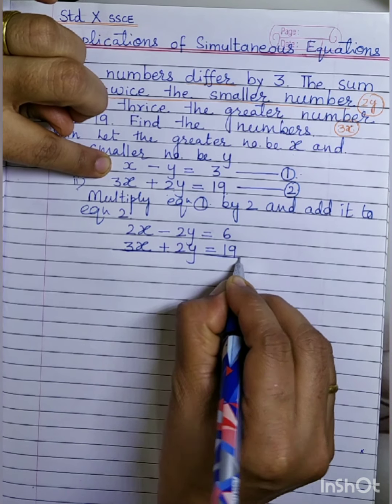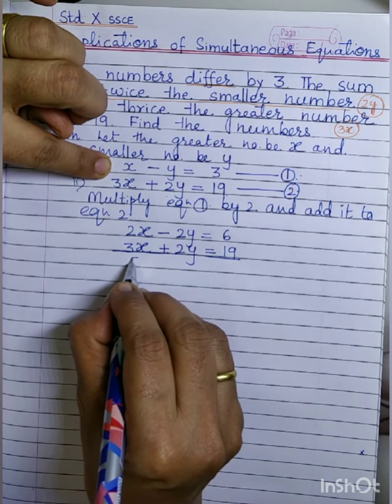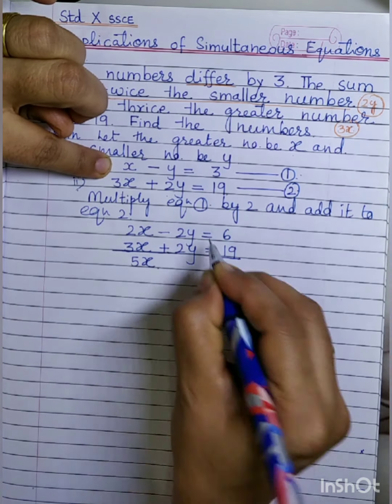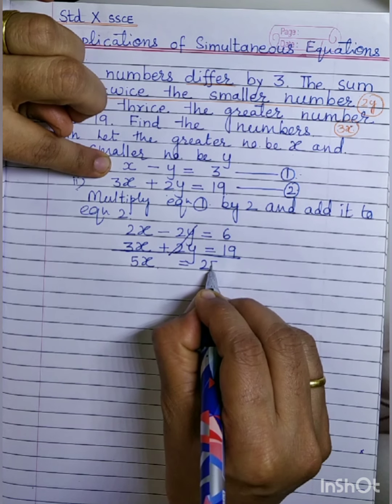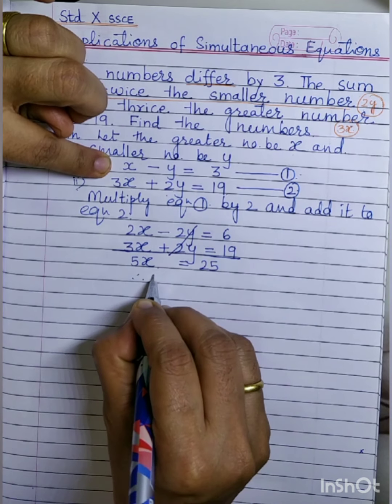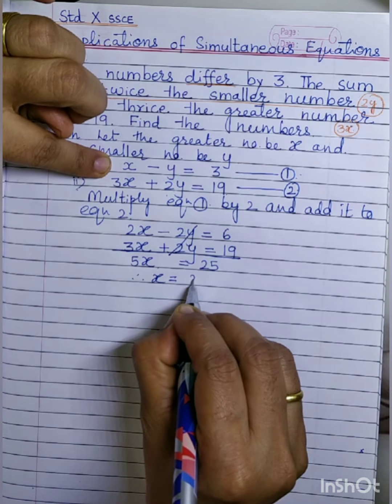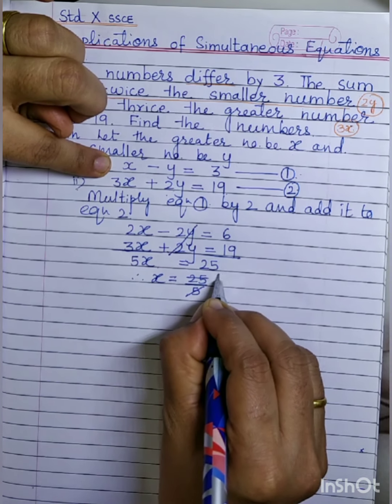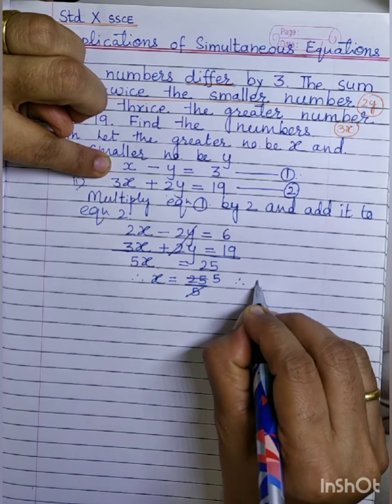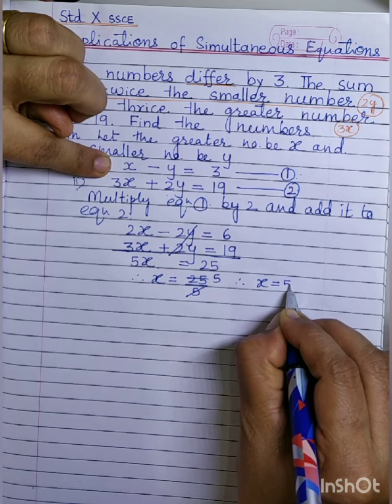Adding, so no sign change. 3 plus 2, what do you get here? 5x. This is cancelled. This is what? 25. Therefore, x equals 25 upon 5. Therefore, x equals 5.